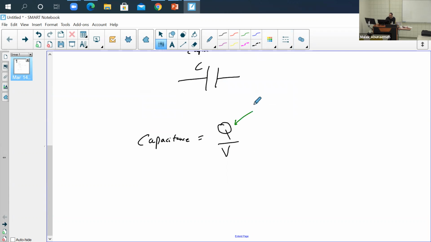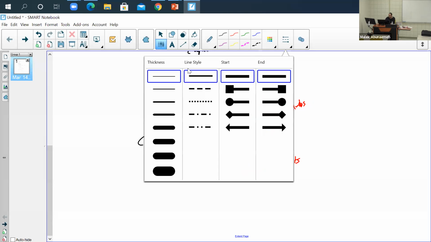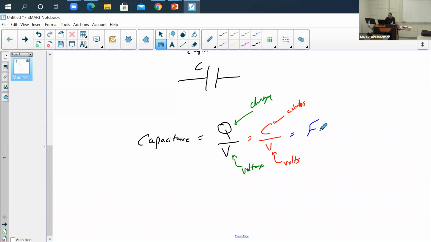So how much charge you have per voltage, which, if we do the units, is going to be your coulombs per volt. And that's what we call your farad.